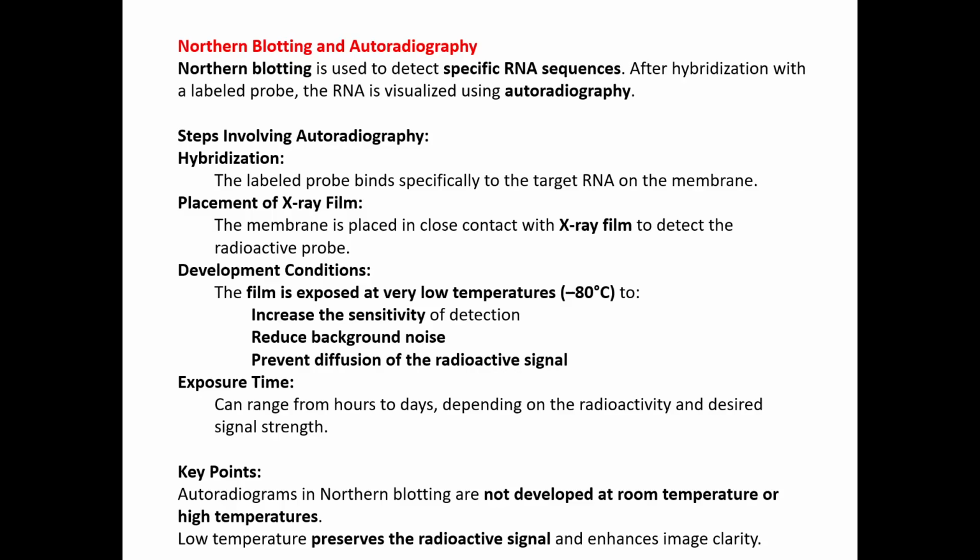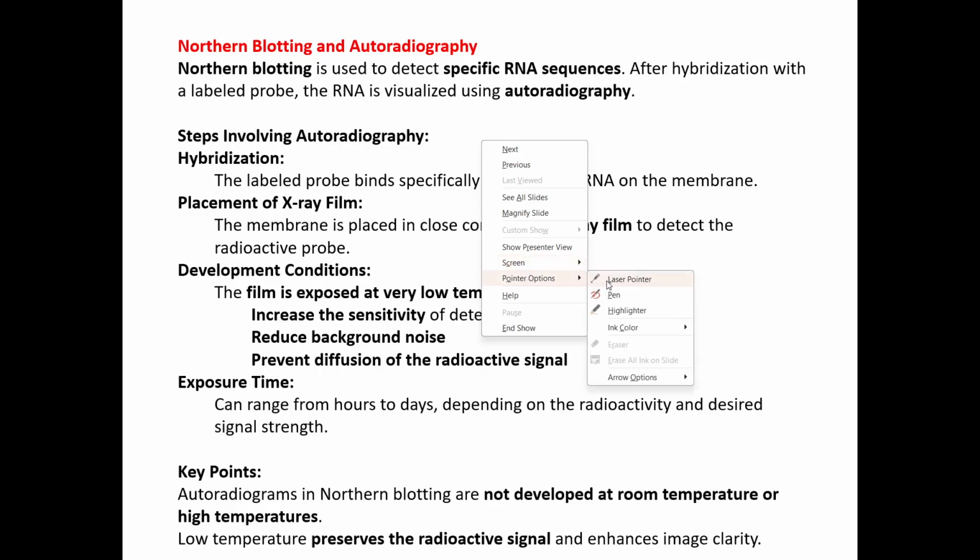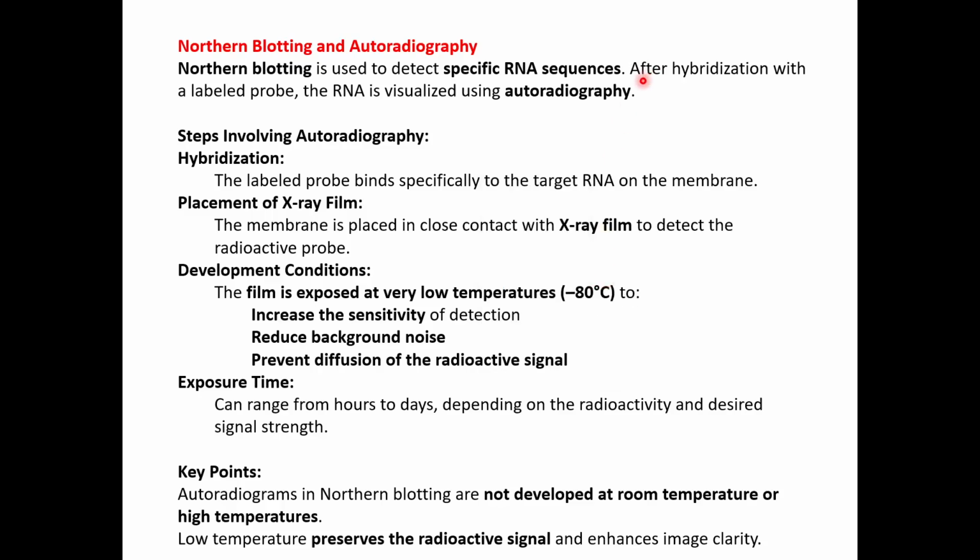So northern blotting and autoradiography. Northern blotting is used to detect specific RNA sequences after hybridization with a labeled probe.